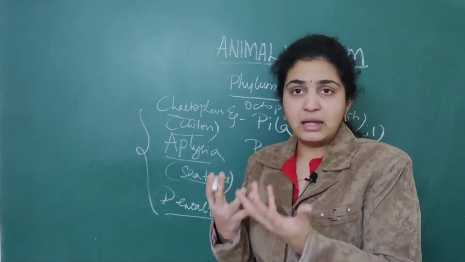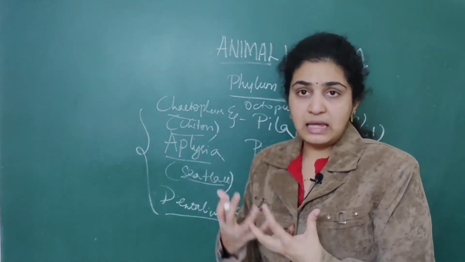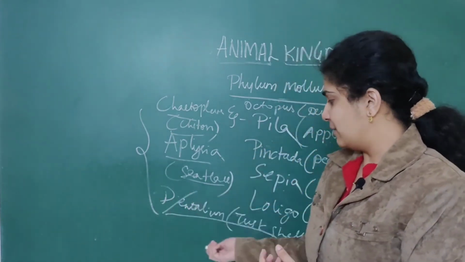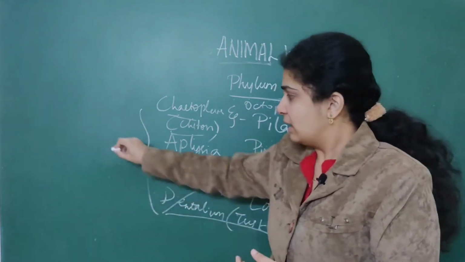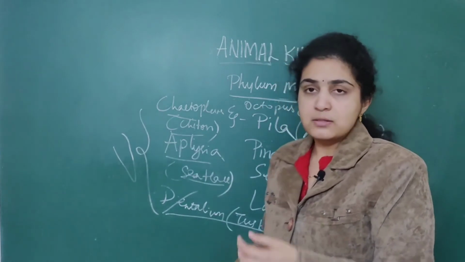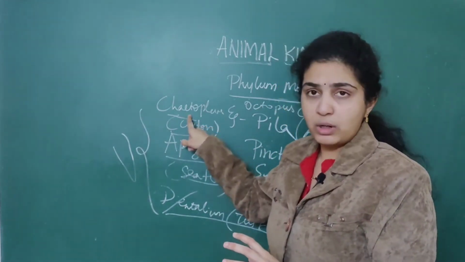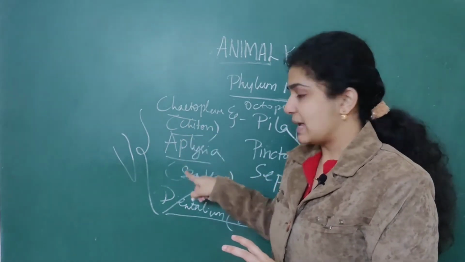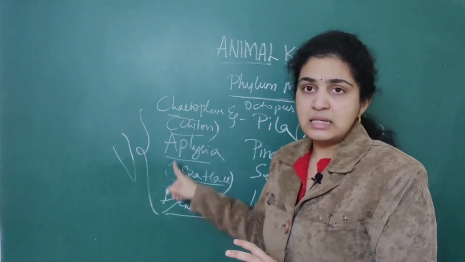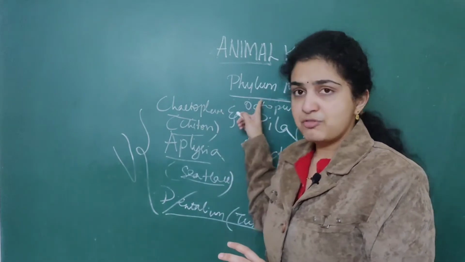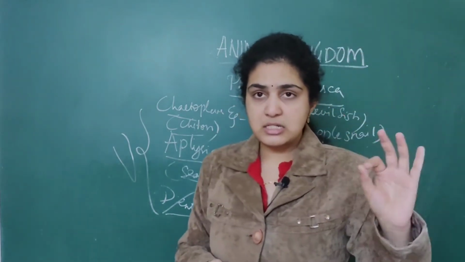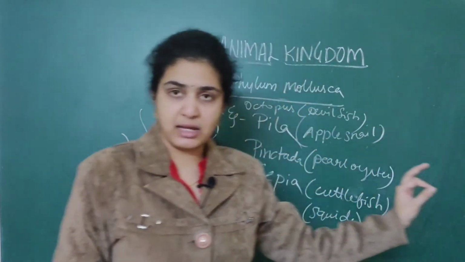You can remember it like dental, related to teeth. Dentalium, tusk shell. Chaetopleura chiton as well as Aplysia sea hare. These three belong to phylum Mollusca. This point I want you all to be very clear.